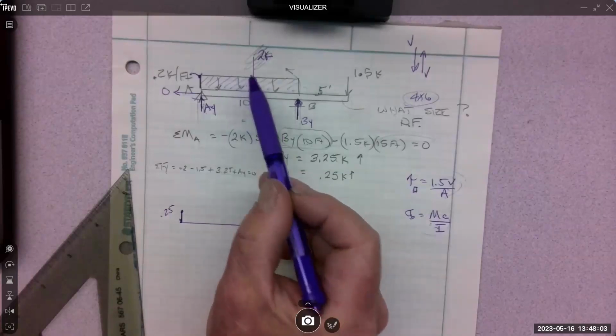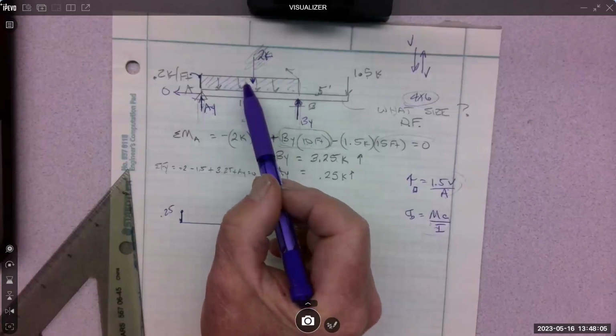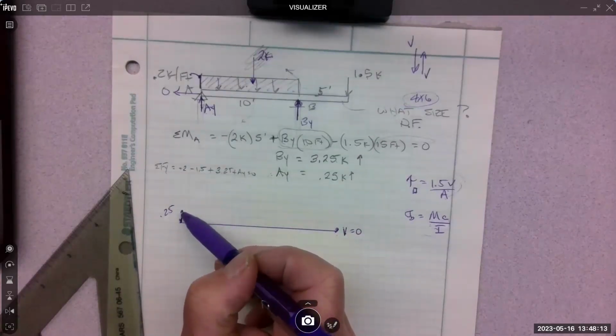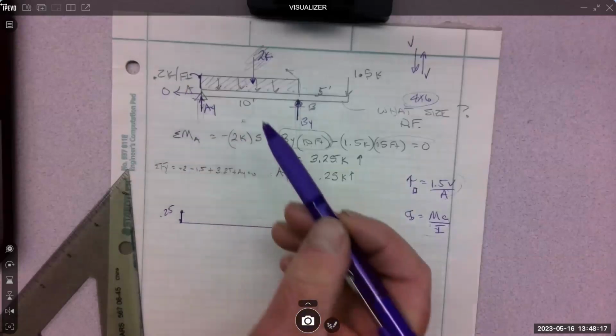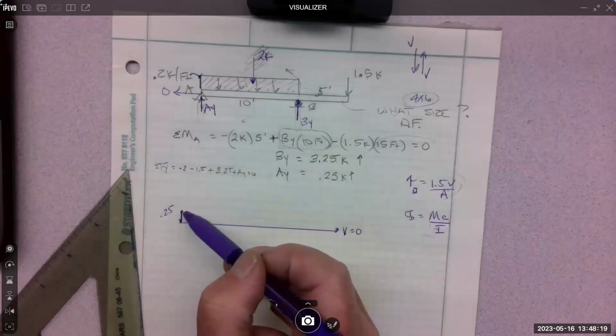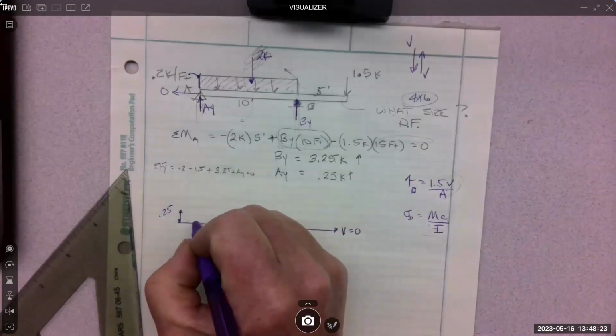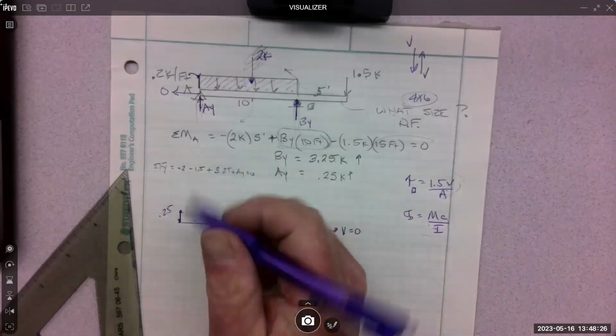Which way is the distribution, up or down? Down. So from this point, it's going to drive the graph down. How much down? Per foot, 0.2 per foot. So we're up 0.25. In 1 foot, we are where? Down 0.2.